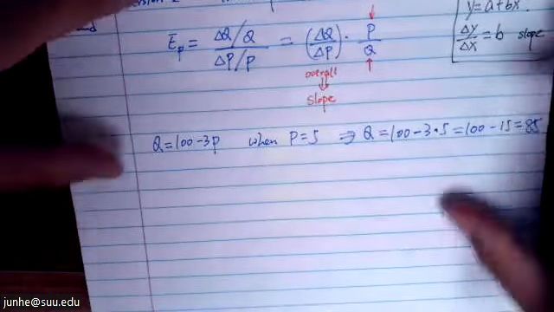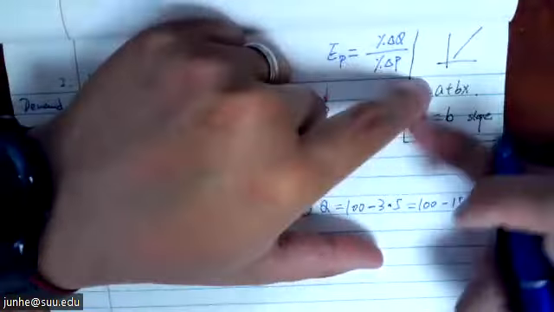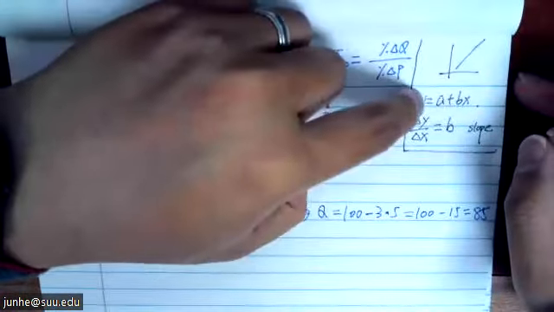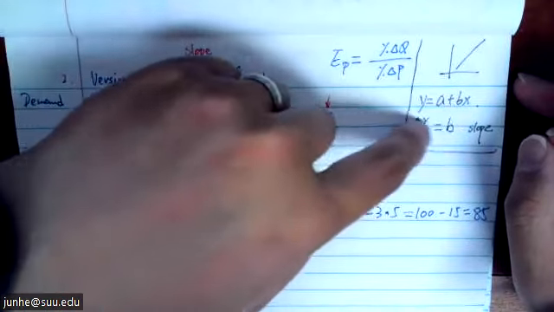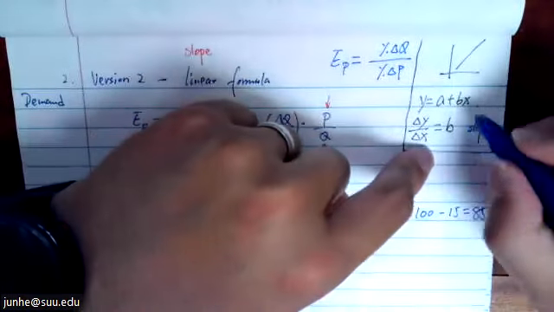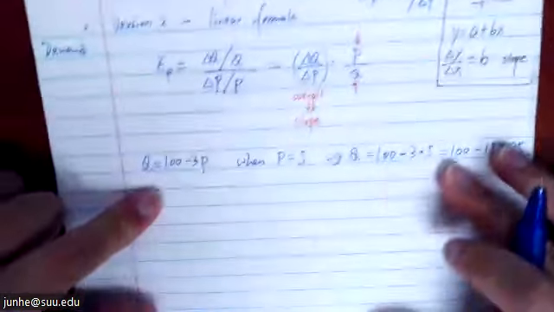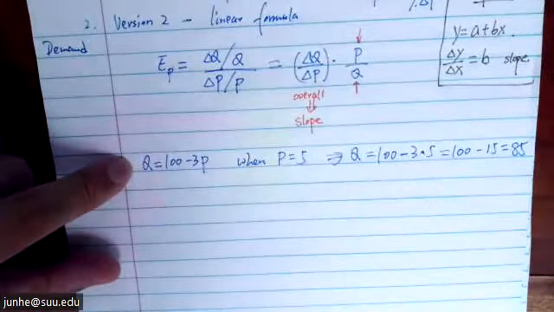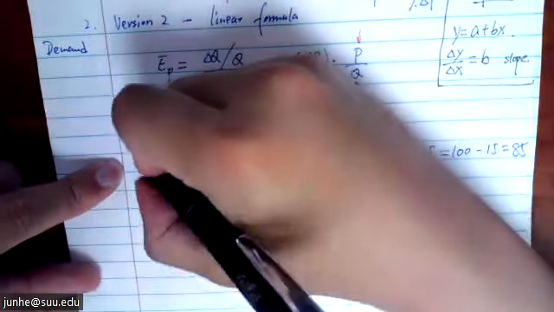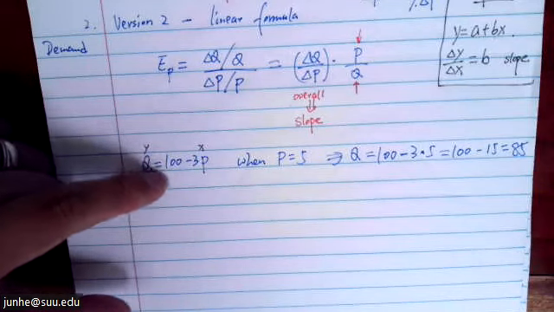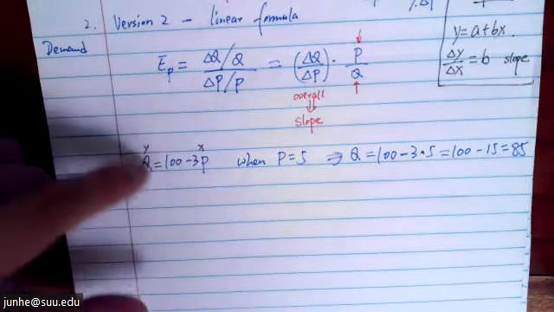Right? So here, let's refer to something that you're familiar with. Here, y equals a plus bx, then its slope, which is b, is expressed as delta y over delta x. So in this case, if you're ever confused, just side note this. Here it is as if y equals 100 minus 3 times x, right?